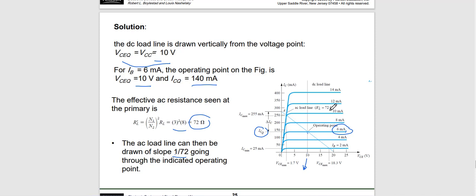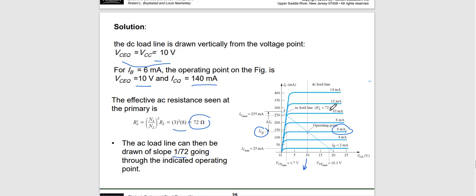Because if we didn't use the transformer, the load line is the ideal load line. So if we use the transformer, the slope will change, depending on the value of R'L.